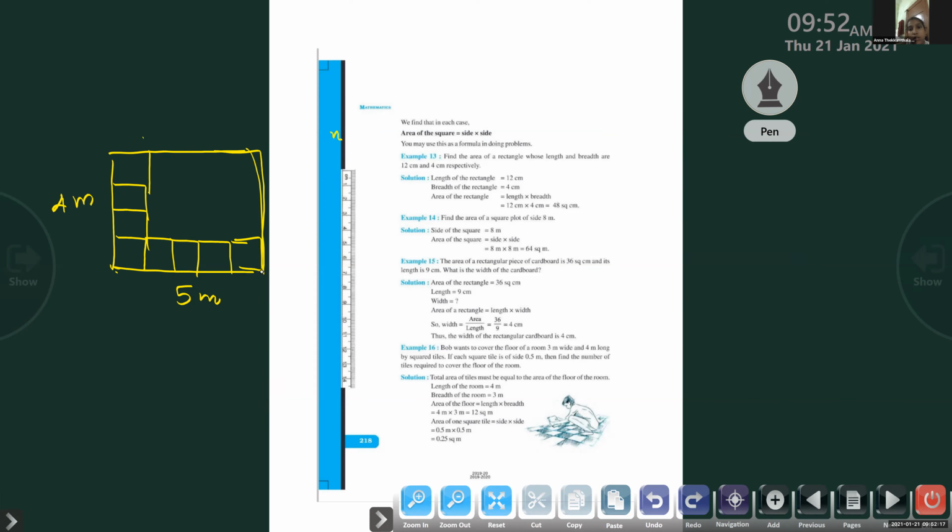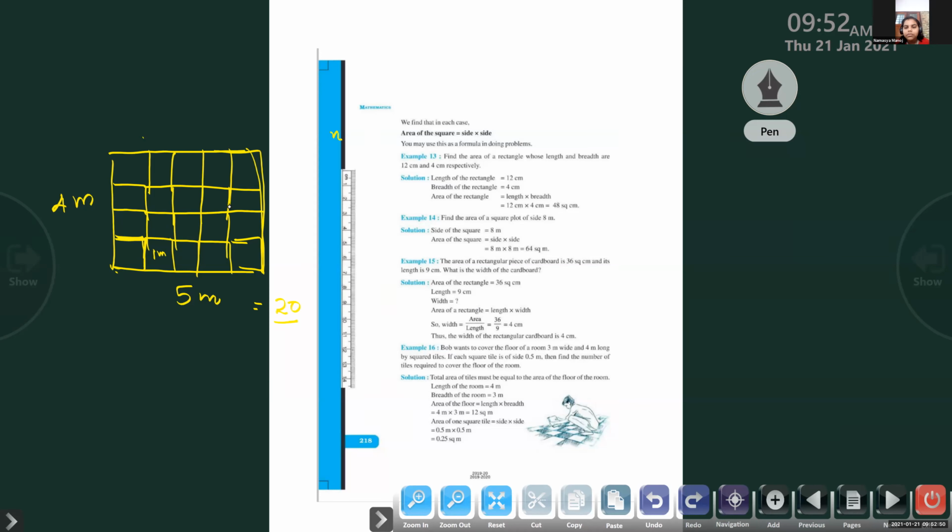Then this small tile, if it is 1 meter of side, how many are required lengthwise? 5. Breadthwise? 4. So the answer is 20 tiles.